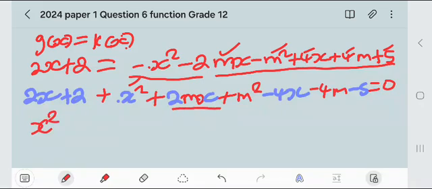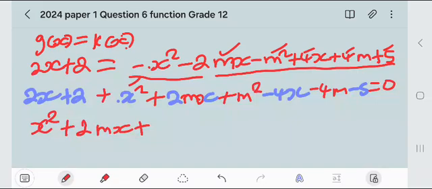Here I have this term plus 2mx, and then 2x minus 4x, those are our terms there.